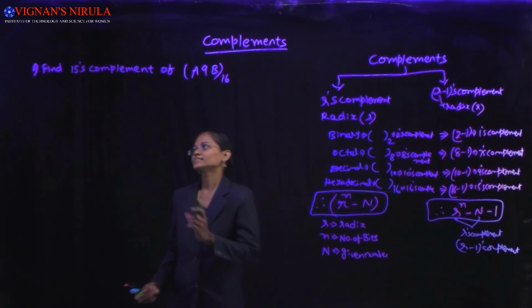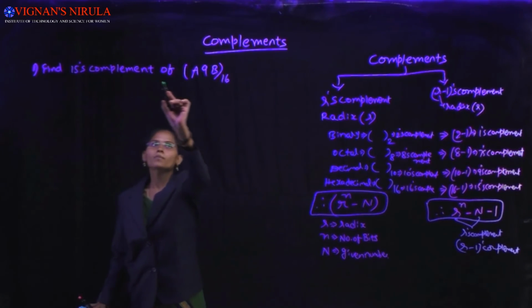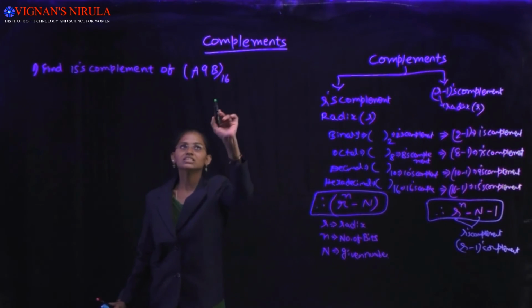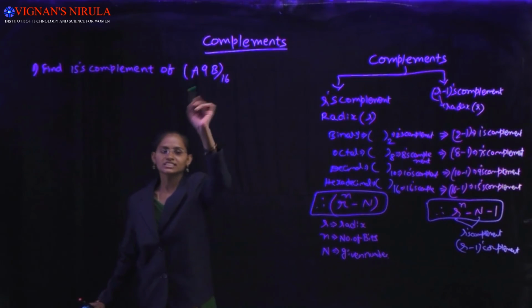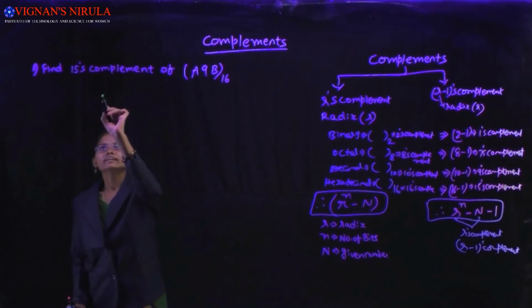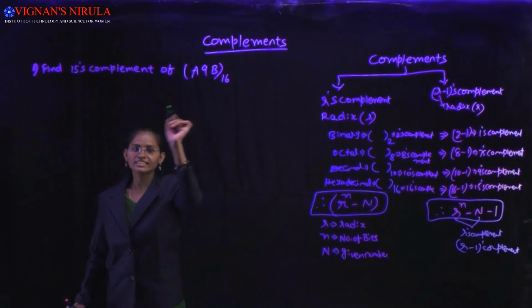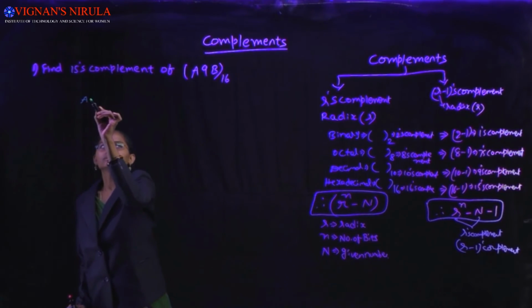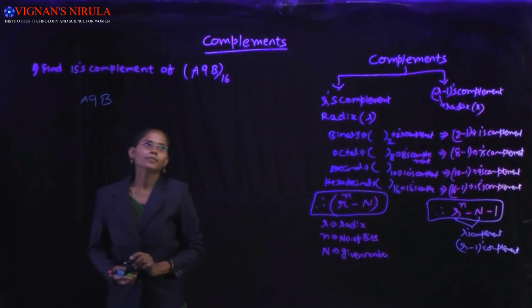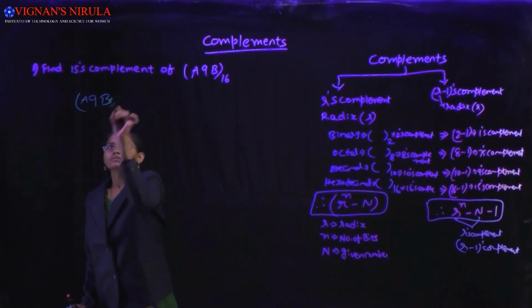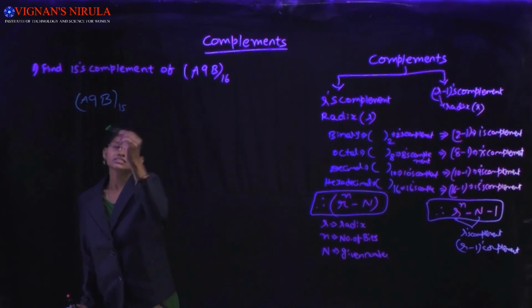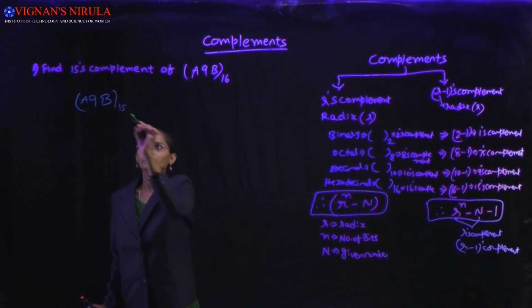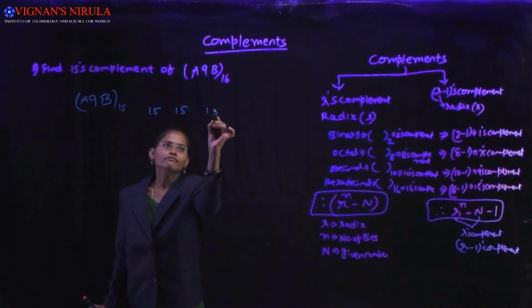Okay, next find out the 15th complement of A9B. This is a hexadecimal number. First find out the 15th complement. Here the given number is A9B. Here 3 bits, so 15, 15, 15.